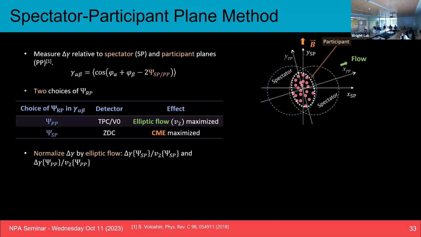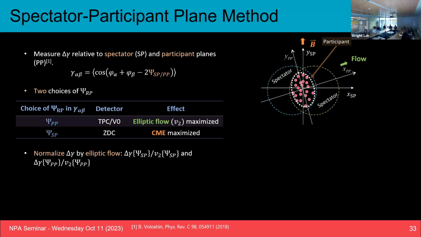So the 33% and the N5 over S are from different measurements, even when you compare with data. Here you just don't divide by the event plane resolution. If you divide by the event plane resolution for the participant plane, it's the same. So delta gamma of the participant plane angle is the same as the original measurement.